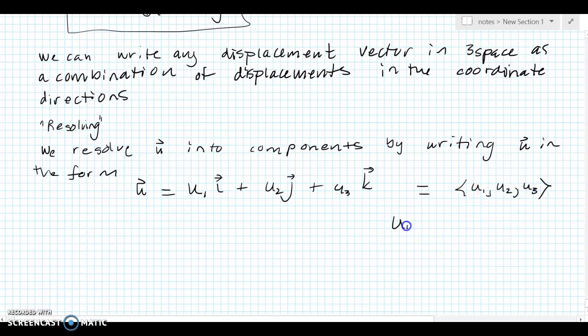And u1, u2, and u3 we call scalars. And then u1 i, u2 j, u3 k are called the components.